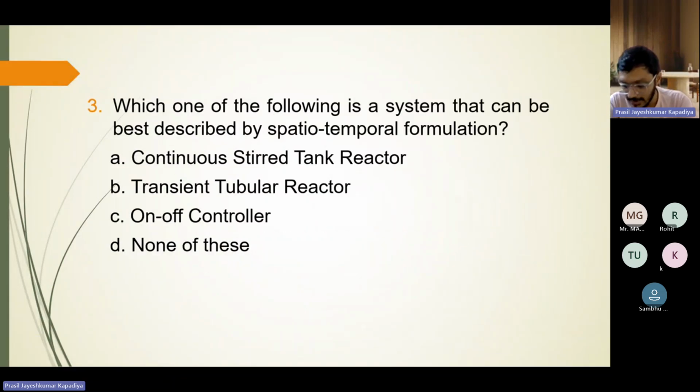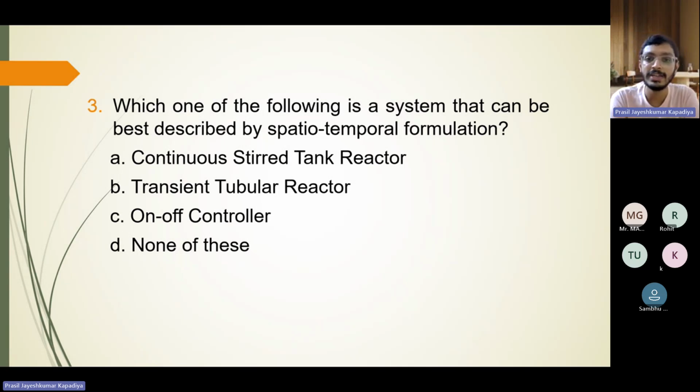Okay, so the question is, which one of the following is a system that can be best described by spatio-temporal formulation? Before moving anything ahead, what is spatio-temporal formulation? Guys, what does the word spatio mean? Spatio means with space.